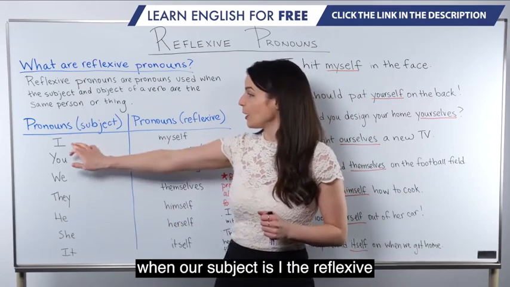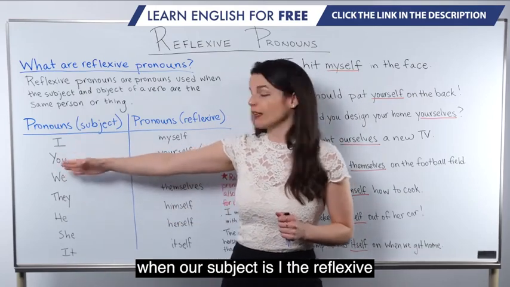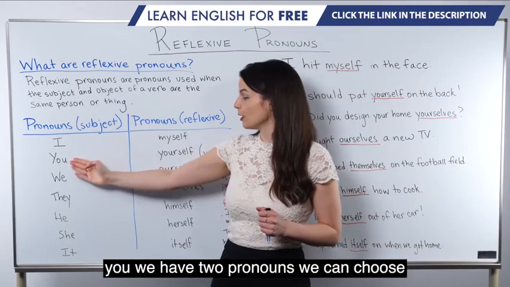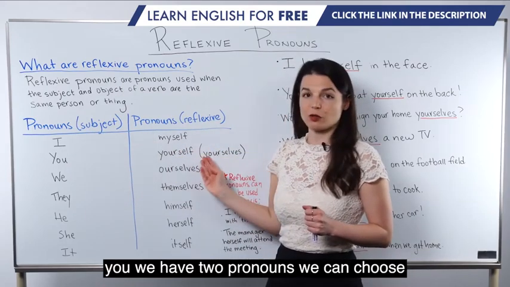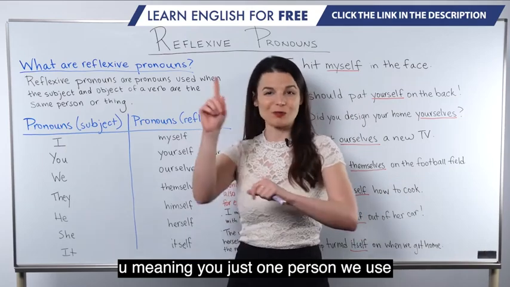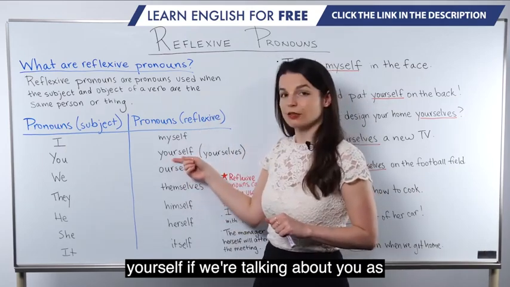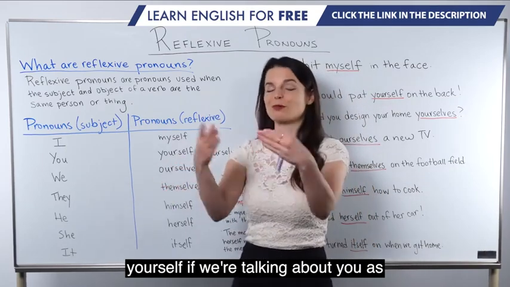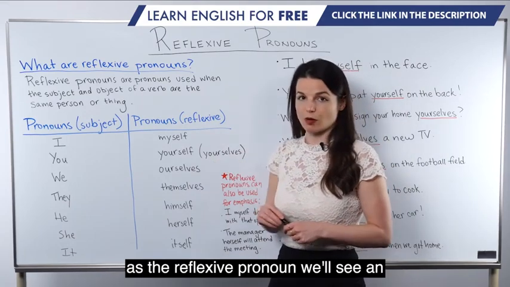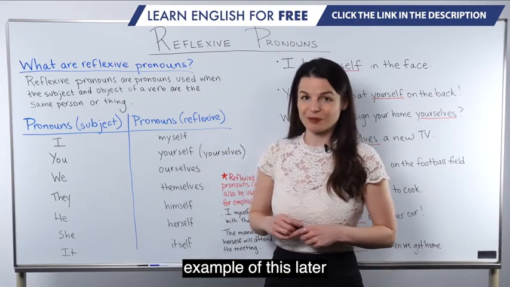So first, when our subject is I, the reflexive pronoun is myself. When the subject is you, we have two pronouns we can choose from, actually. When we have the singular you, meaning just one person, we use yourself. If we're talking about you as more than one person, we use yourselves as the reflexive pronoun. We'll see an example of this later.